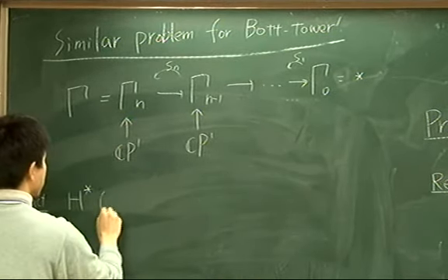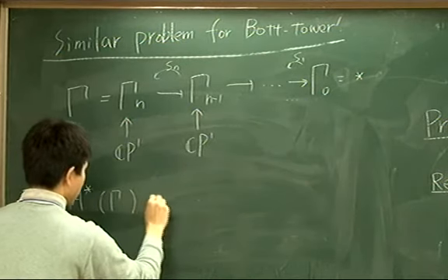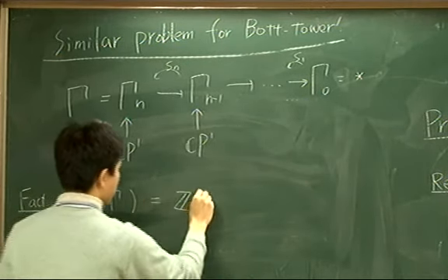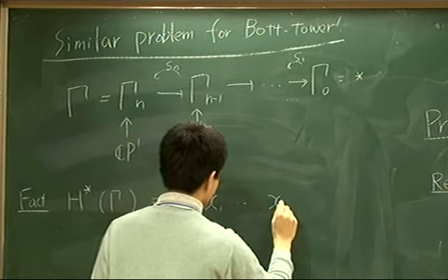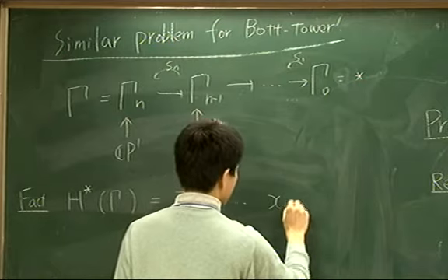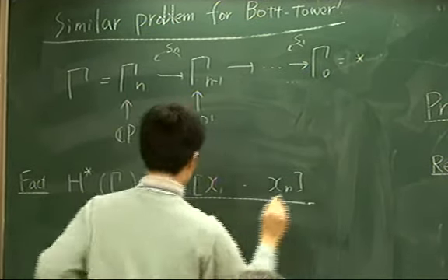The cohomology of the Bott tower is known to be a polynomial ring divided by an ideal.